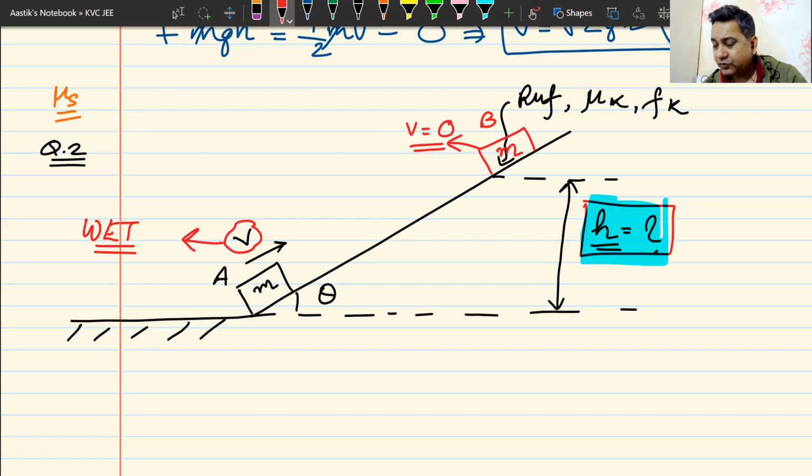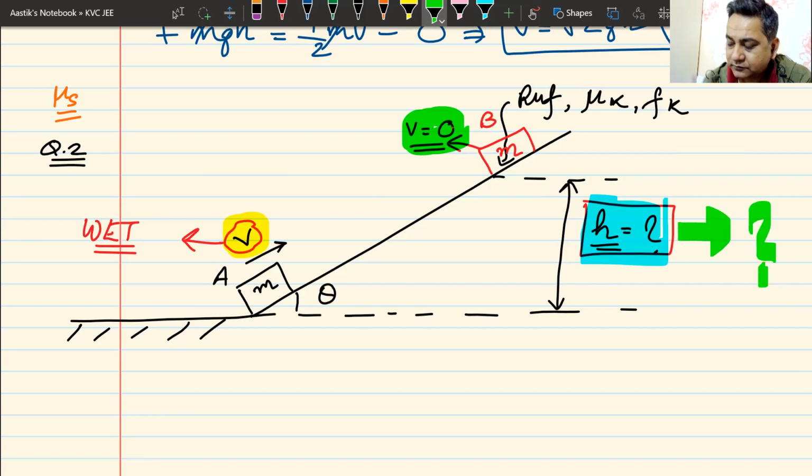So now this is what I know. At the initial point, velocity is v. At the final point, velocity is zero. That is one thing that I know, sure. I have to find out this. What else do I know? I know that I must apply work energy theorem. These are the hints to you.